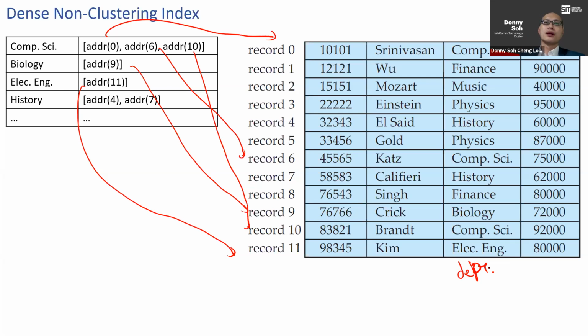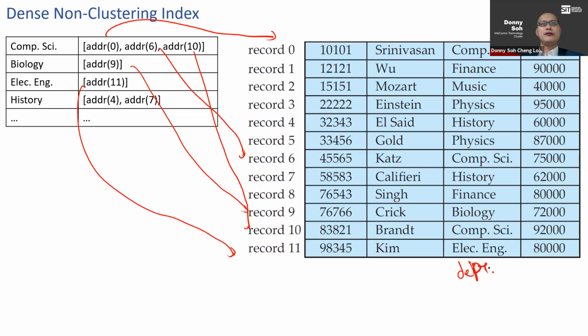Typically, for a dense non-clustering index, do we use it on a primary index or secondary index? I believe you are meaning to say that this is typically done on a secondary index.